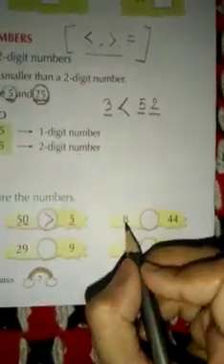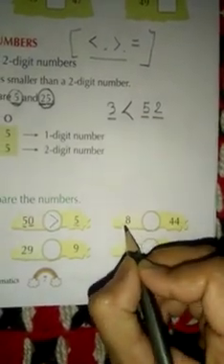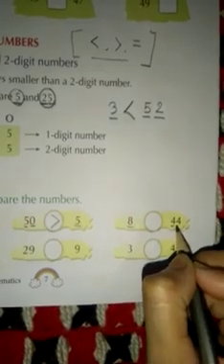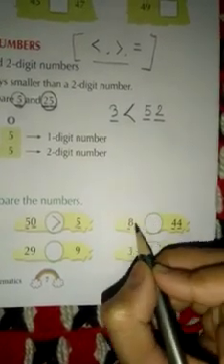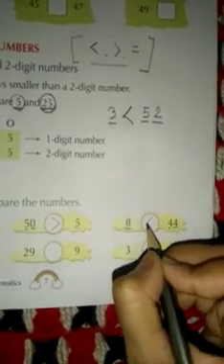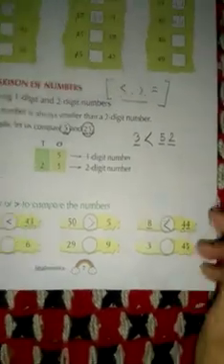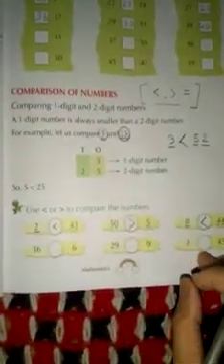Then we have 8 and 44. This is 1 digit and this is 2 digit. So 8 will be smaller and 44 will be greater. So we'll put this sign. 8 is smaller than 44. Okay, children? Now these 3 sums are very easy. You will be able to complete these.